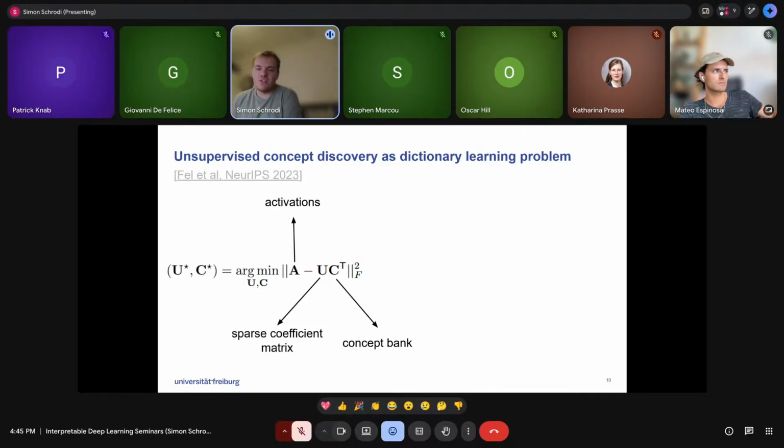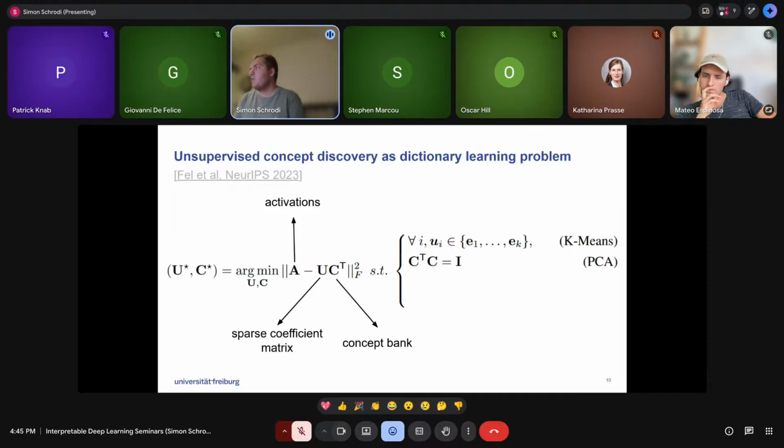However, if you do this in an unconstrained manner, you don't get really interpretable concepts out of it. So typically you apply some constraints. One is k-means, where each input can only be associated with one concept. The other one is PCA, where you impose orthonormality on C. The other one is non-negative matrix factorization, where everything must be non-negative in U and C. Since then we can only add, and there are no cancellations.